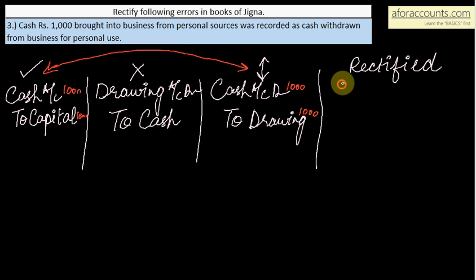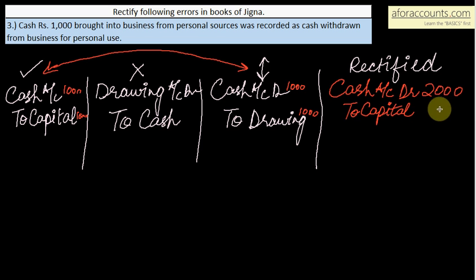So put here cash account debit 1000 plus 1000, 2000 to capital 1000 to drawing 1000. Okay, so my rectified entry is cash account debit 2000 to capital 1000 to drawing 1000.